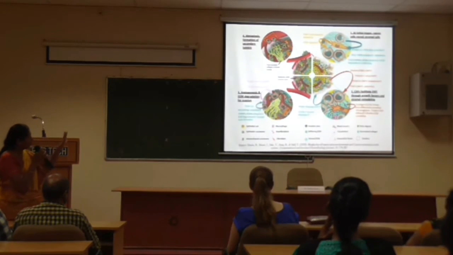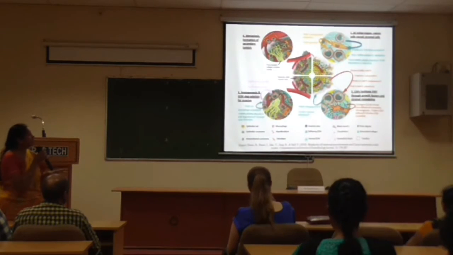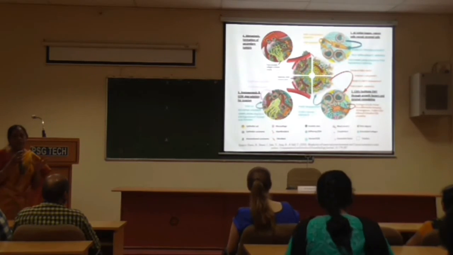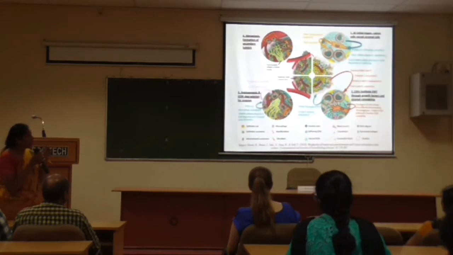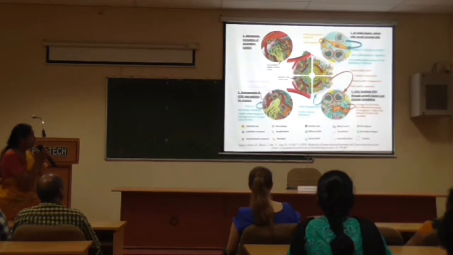This slide is very complex, but as you know, in the first part, the initial stage, the cancer cells recruit stromal cells, which produce a lot of growth factors, adhesion factors, etc., which help in remodeling the extracellular environment.